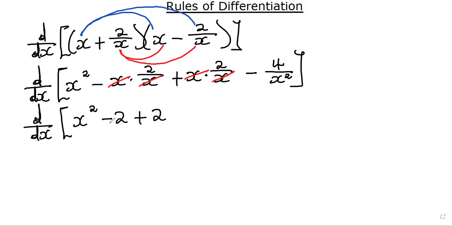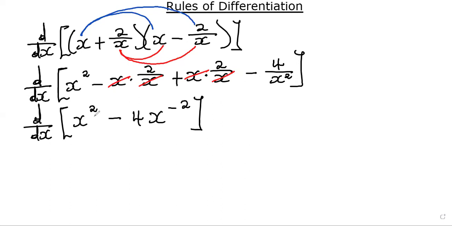And we know that negative 2 plus 2 is just going to be 0. So we can choose not to write this. And then this negative 4 over x squared, for the purpose of differentiation, we need to write it in negative exponential form because we can't differentiate for as long as the variable we are differentiating with respect to is in the denominator.